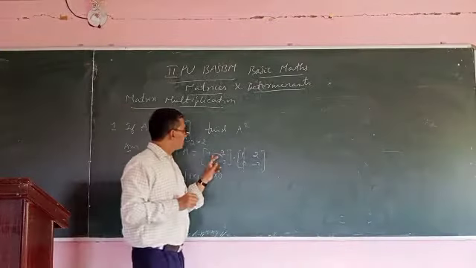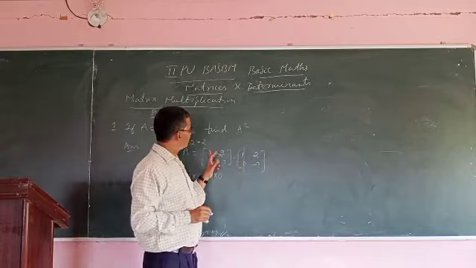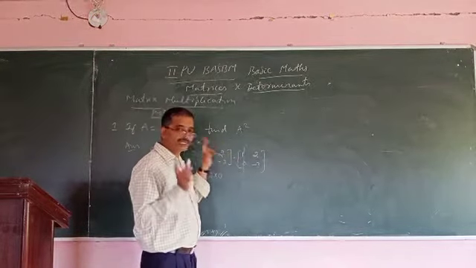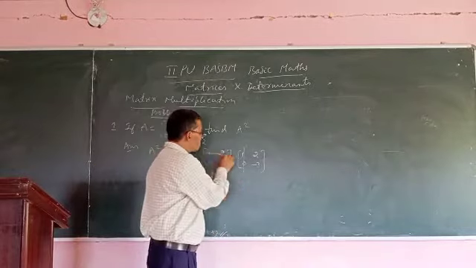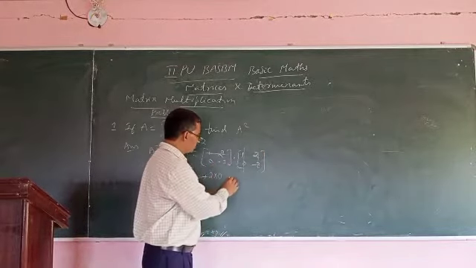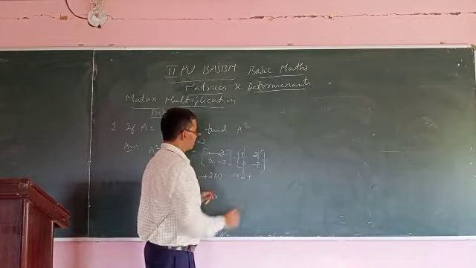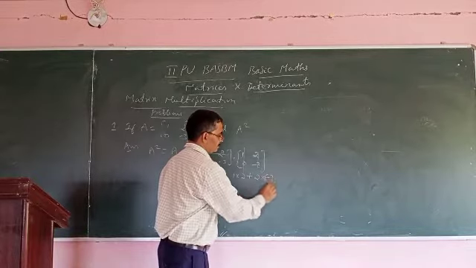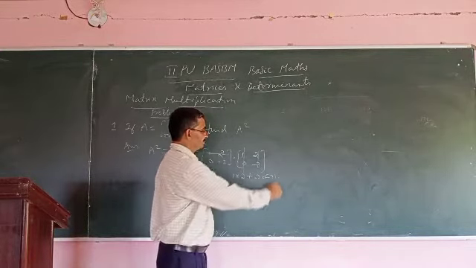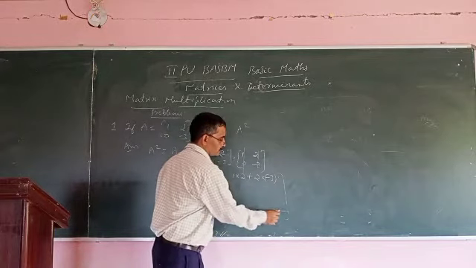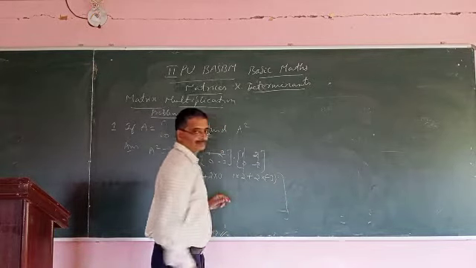Next, first row, first column is over. Next one is first row, second column. So 1 into 2 plus 2 into minus 3. It's only a 2 by 2 matrix with 2 rows and 2 columns.